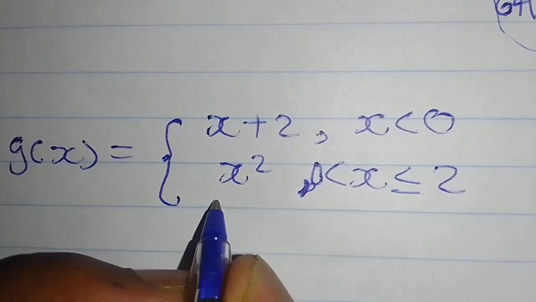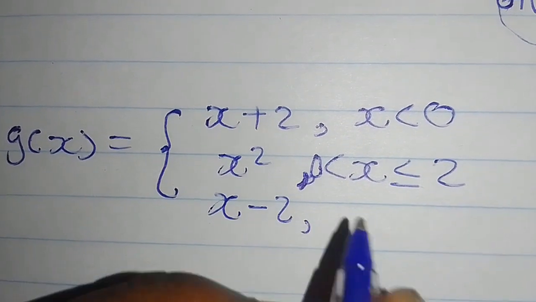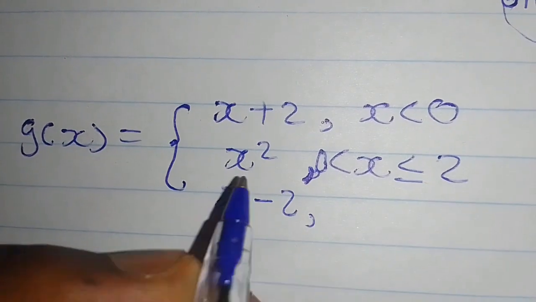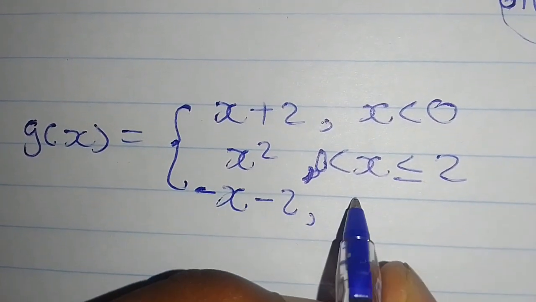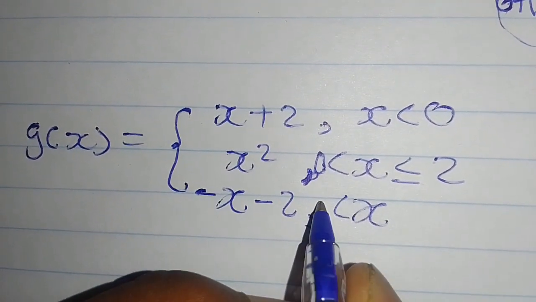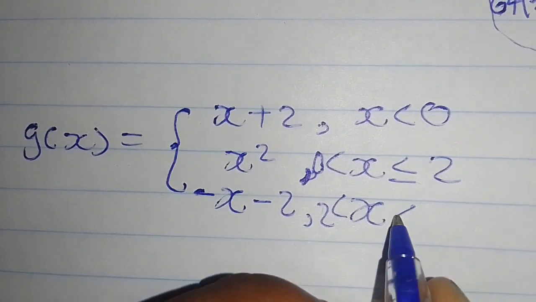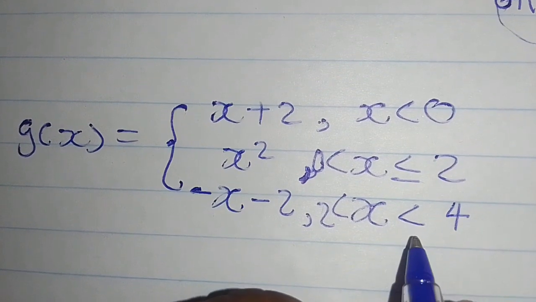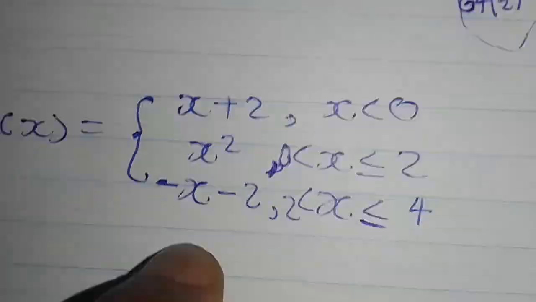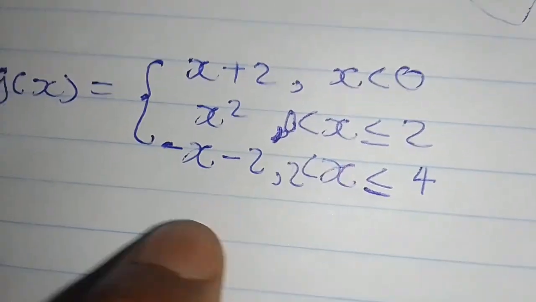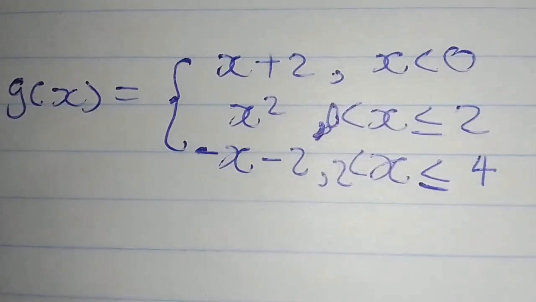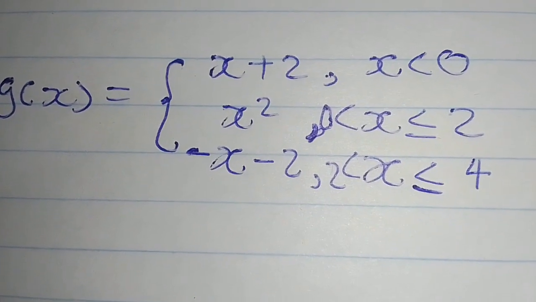And then let's say it's given by minus x minus 2 for x between 2 and 4, or let's include 4. So let's say we have a piecewise function given by this. What is the domain of this piecewise function? How do you find the domain of this piecewise function?